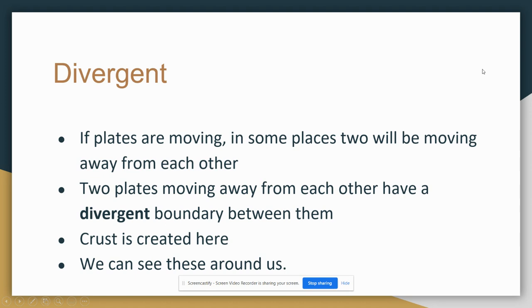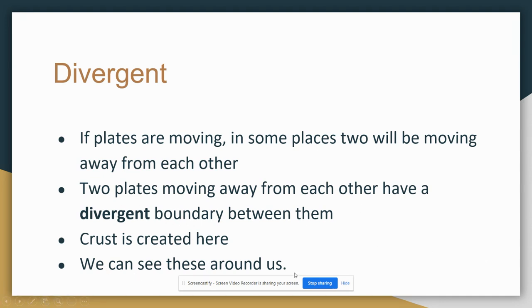Well, crust is going to be created here because as they move away from each other, magma is going to well up from the center of the earth and it's going to cool because it's exposed to the elements, water, the atmosphere, space, and it's going to cool down and then turn into rock. So crust is created at divergent boundaries.